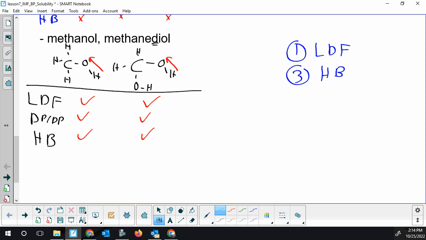So look at the first and the last and look for differences. Is there any difference between London dispersion forces between these two molecules? Does either one have more electrons? They both have one carbon, so that'll be a tie. They both have 4 H's, so that'll be a tie. But the diol has an extra O.